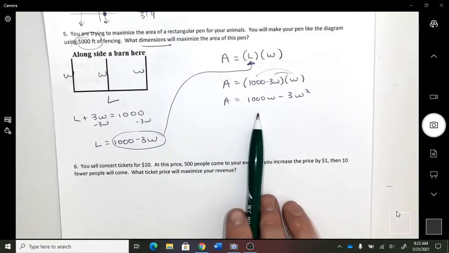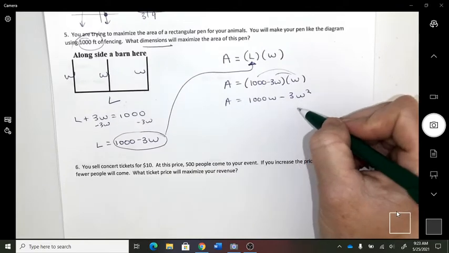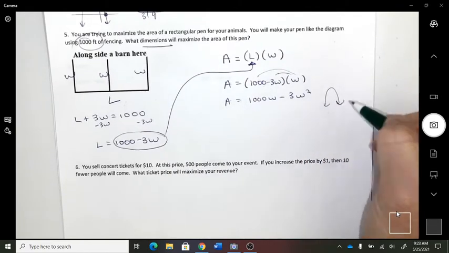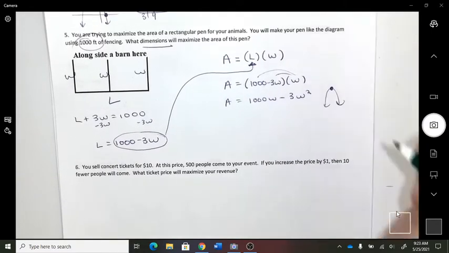Okay, so once I'm here, this is my quadratic, and I can see that it's going to open downward because it's got a slope of -3, and I'm trying to maximize it, so I would like to know the vertex.